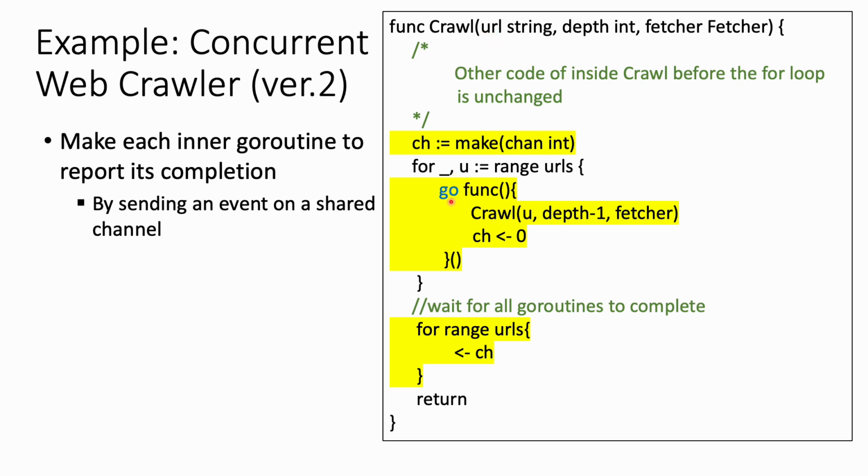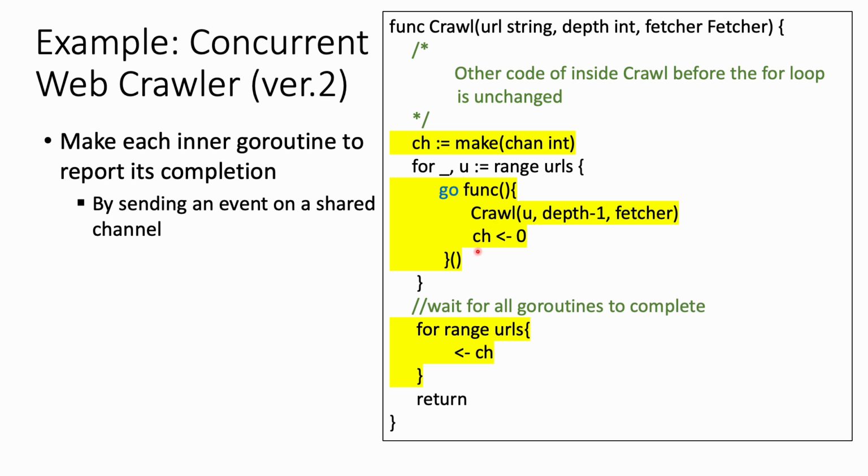The inner Go routine reports its completion by sending number 0 to a shared channel ch, which is created as an unbuffered channel before the for loop.